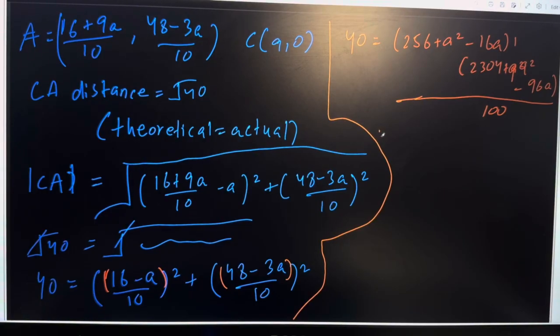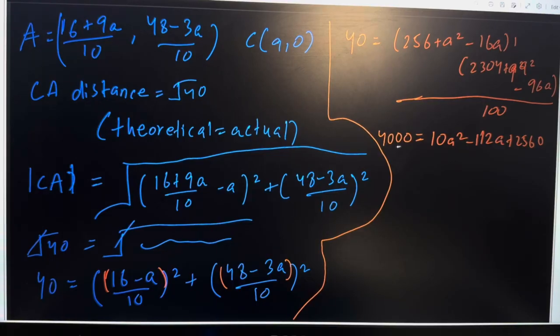4000 is equal to, plus 9a squared plus a squared equals 10a squared. Minus 96 minus 16 is equal to minus 112a, and again 256 and 234 is equal to plus 2560.